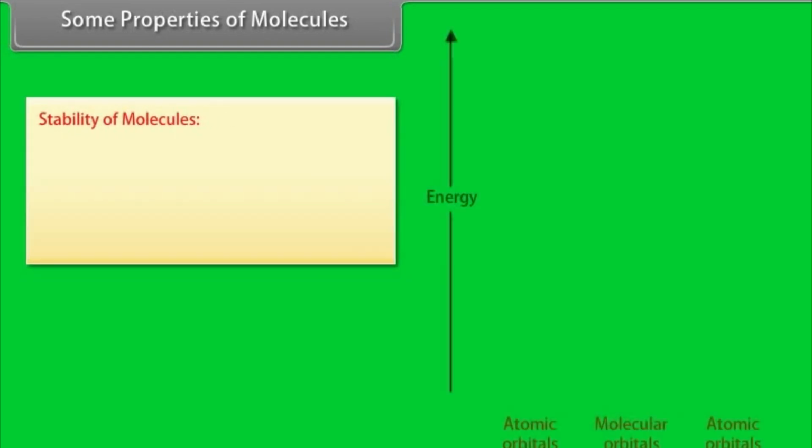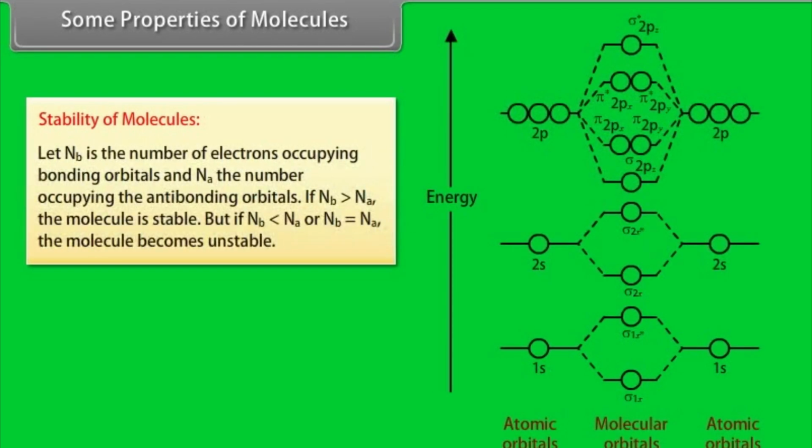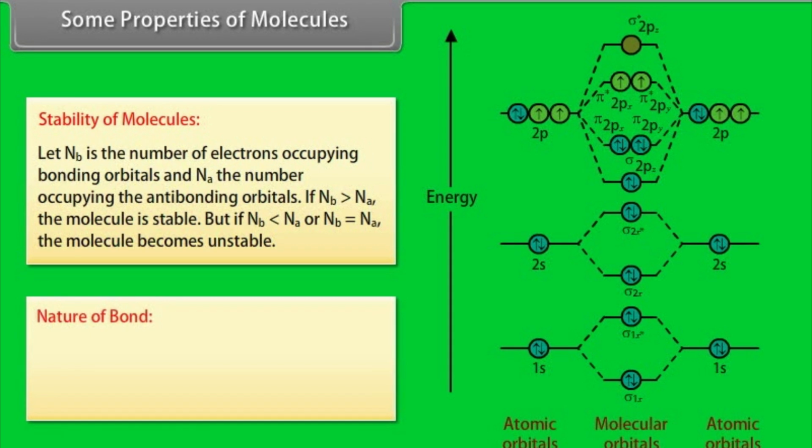Some properties of molecule. Stability of molecule. If Nb is the number of electrons occupying bonding orbitals and Na is the number occupying the antibonding orbitals, if Nb is greater than Na, the molecule is stable. But if Nb is less than Na or Nb is equal to Na, the molecule becomes unstable. Nature of bond.